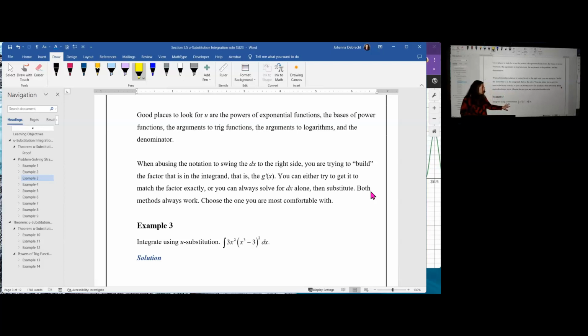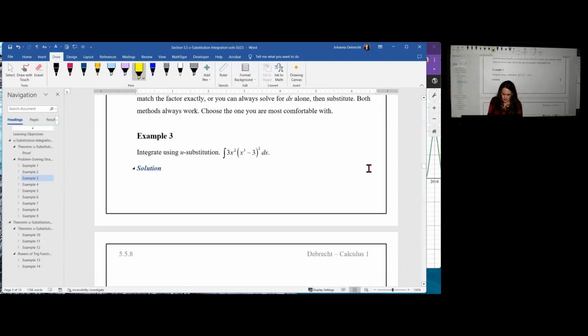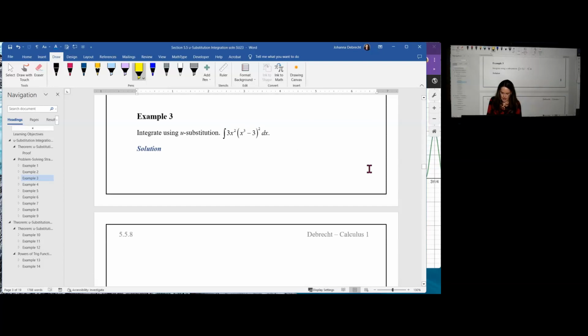Let's go ahead and take a look now at example 3. In example 3, we have the indefinite integral of 3x squared times the quantity x cubed minus 3 raised to the 2nd power. I can see right away that I have composition between x cubed minus 3 on the inside and something raised to the 2nd power on the outside.